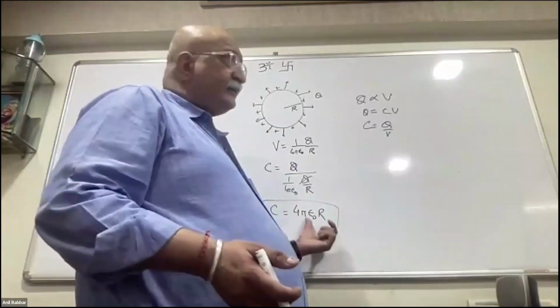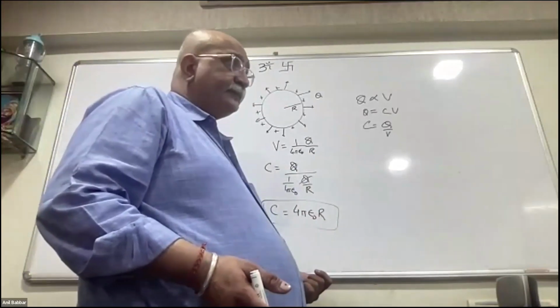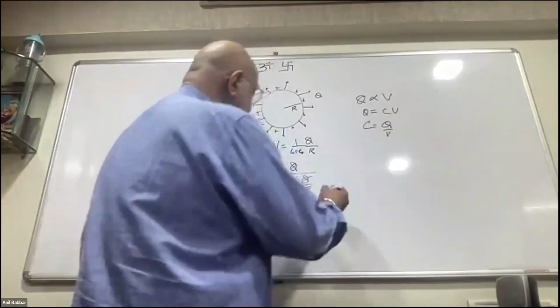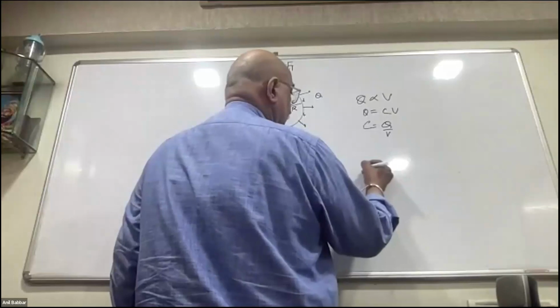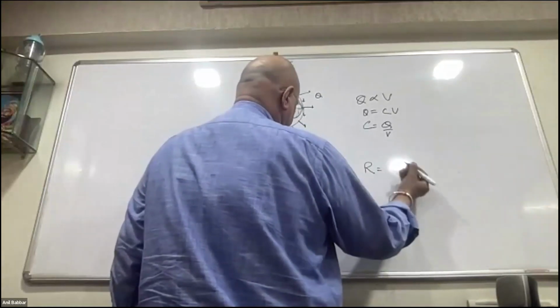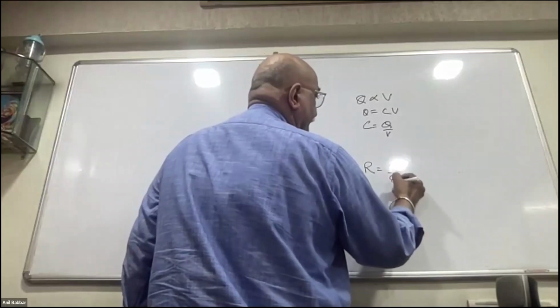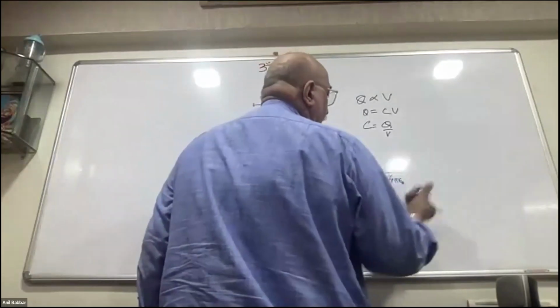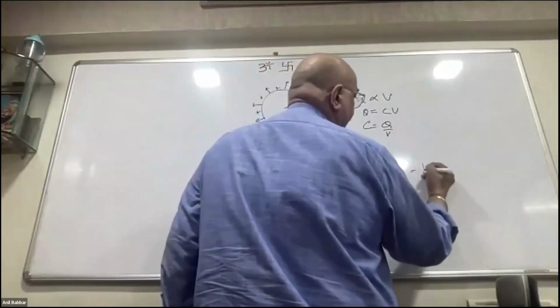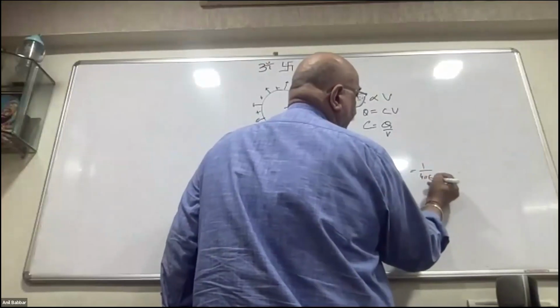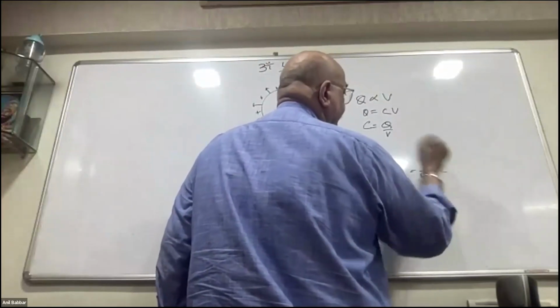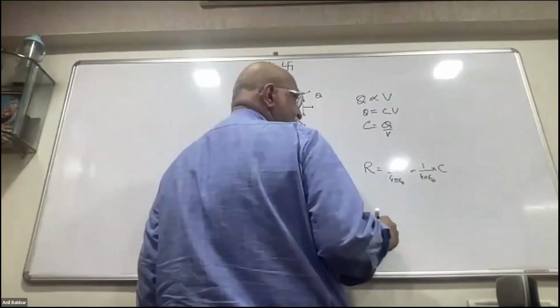Now we can find the value of this R, radius. So radius is equal to C by 4 pi epsilon naught, or we can write it as 1 by 4 pi epsilon naught into C. Right?